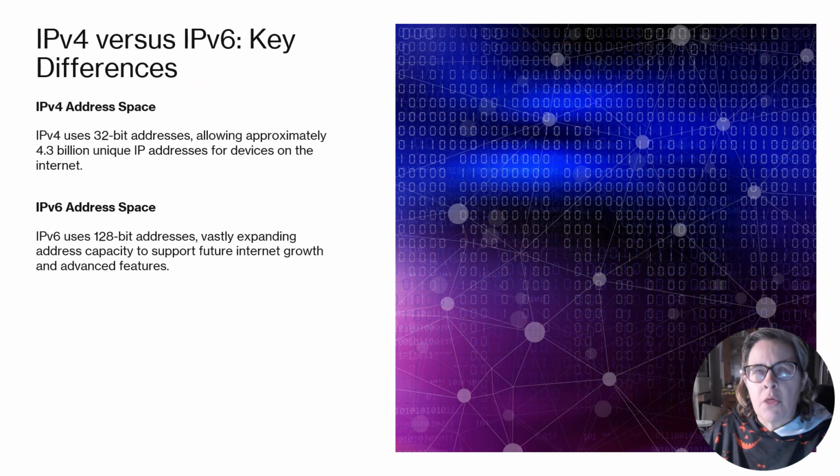IPv4 uses 32-bit addresses, allowing about 4.3 billion unique addresses, while IPv6 uses 128-bit addresses, which allows several quintillion addresses, vastly expanding the address space to support growing internet demands and improved features.